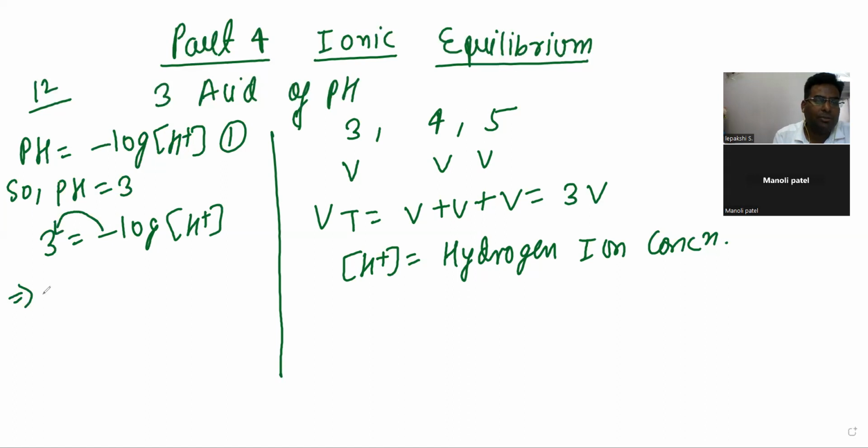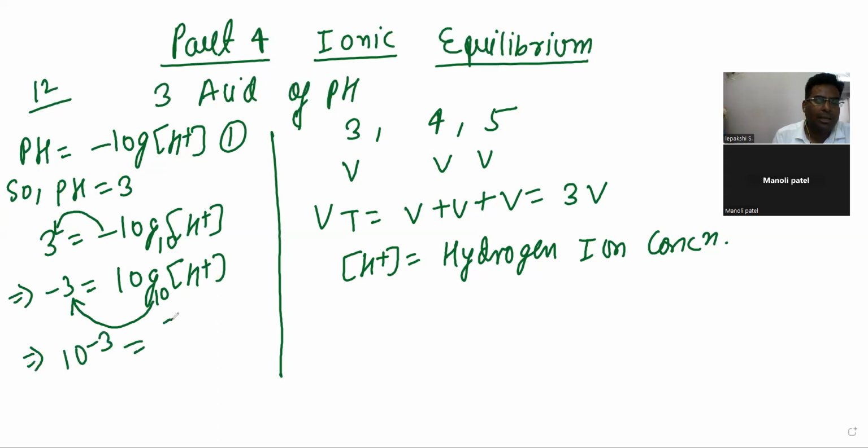This minus will come here, so it will be minus 3, equal to log of H plus ion concentration to the base 10. When we convert log into exponential, this log will be in the power. So it will be 10 raised to minus 3, equal to H plus ion concentration.